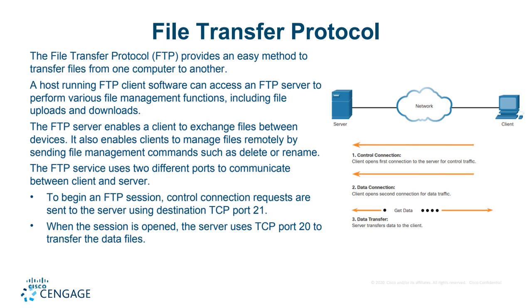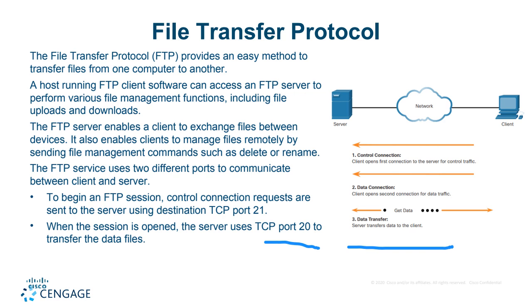We have another example of an application protocol, which is FTP, File Transfer Protocol. File Transfer Protocol uses two ports. Control uses port 21, as you can see here in this diagram. And then when the connection is established, the data uses port 20.